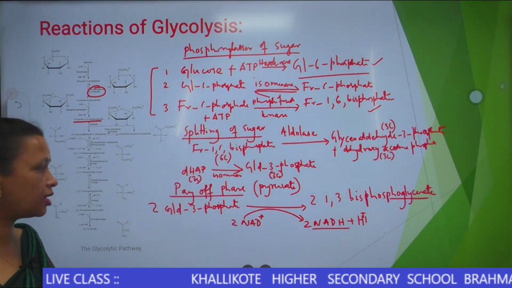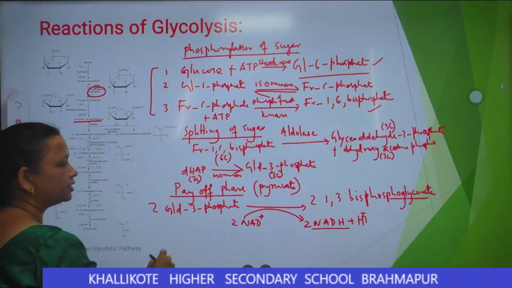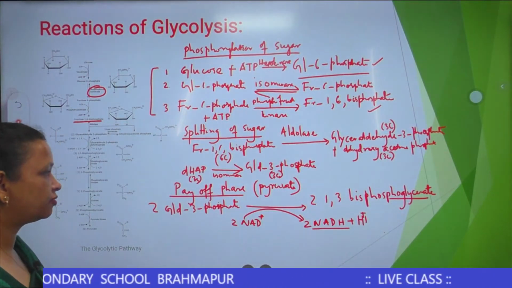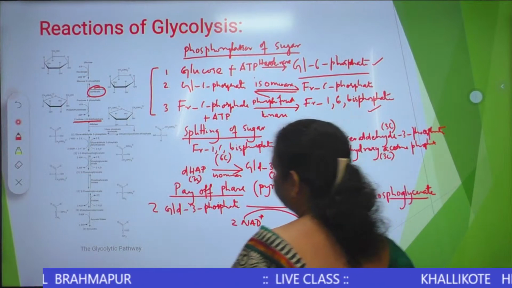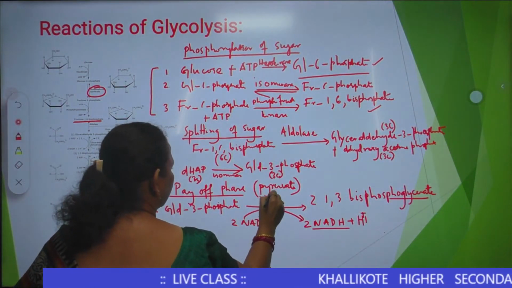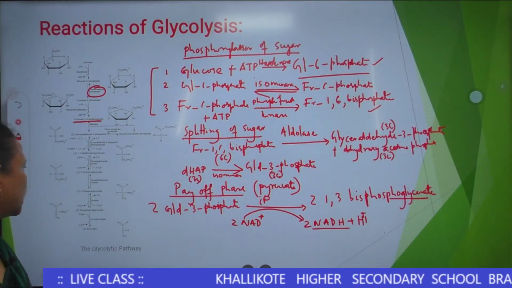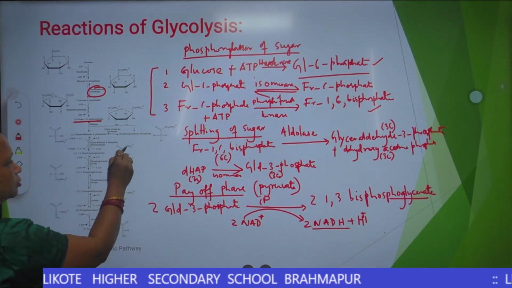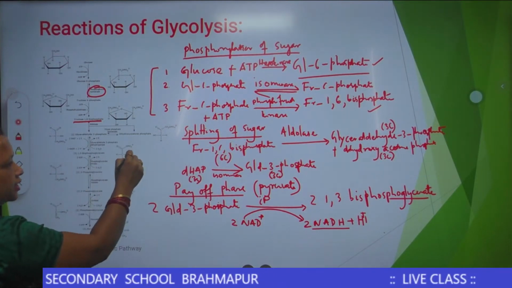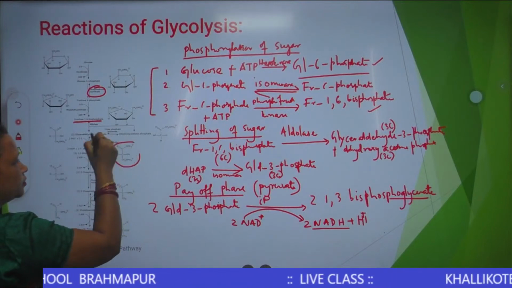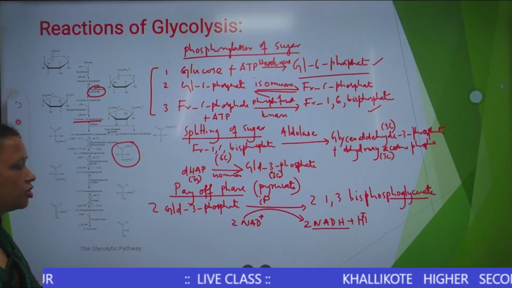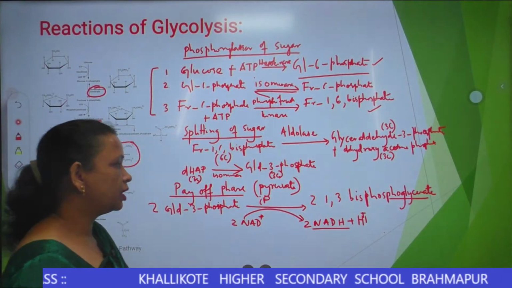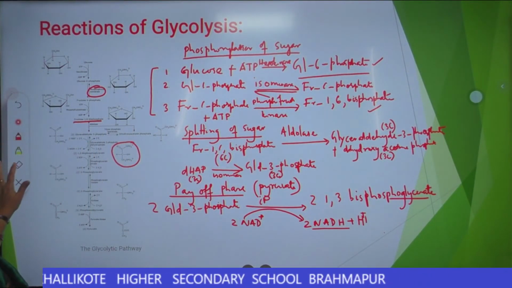We also observe there is addition of another phosphate group in the first position. This phosphate comes from the inorganic phosphate present in the medium. So here you can see this is the 1,3-bisphosphoglycerate molecule. So glyceraldehyde has now been converted into 2 molecules of 1,3-bisphosphoglycerate.